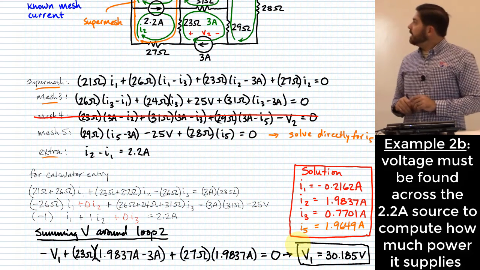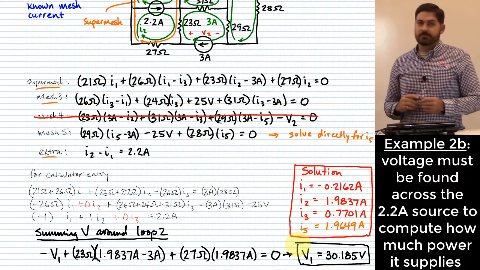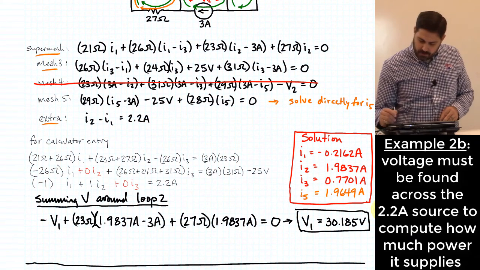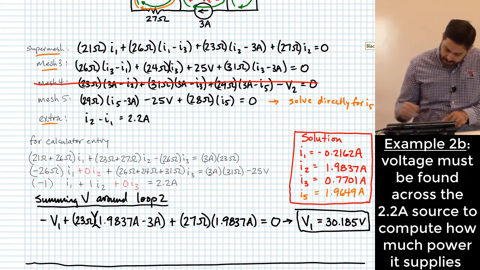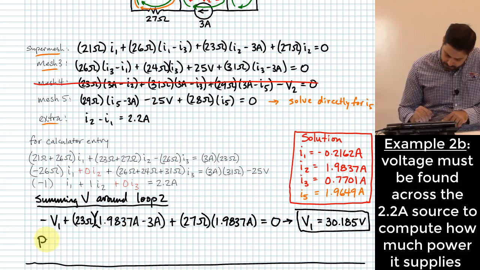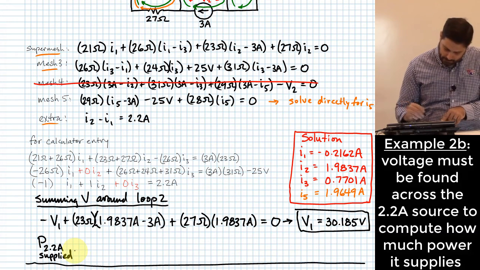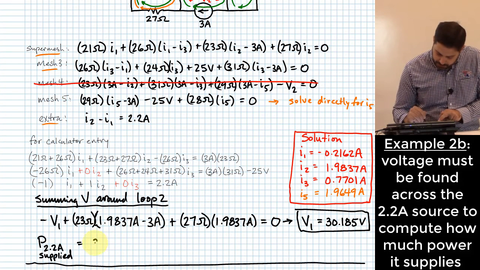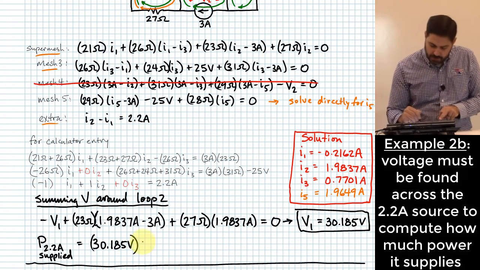Is that what I was looking for? Not quite yet, but I'm almost there. What power is supplied by the 2.2 amp source? It'll be that 30.185 volts multiplied by 2.2 amps.